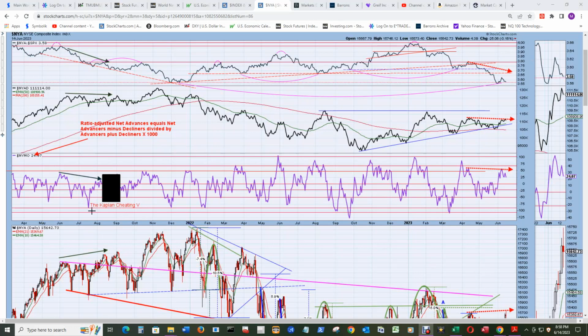And this was back when Kaplan and Rosengren, the Fed governors and voting members of the FOMC, were cheating to skew things into their favor back then, as things were looking like they were in trouble.